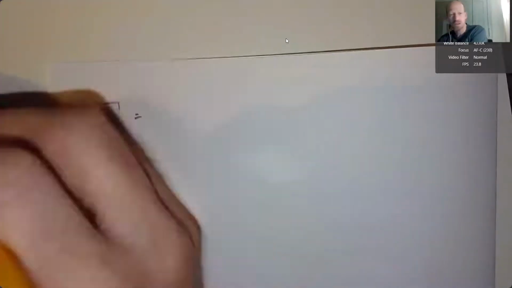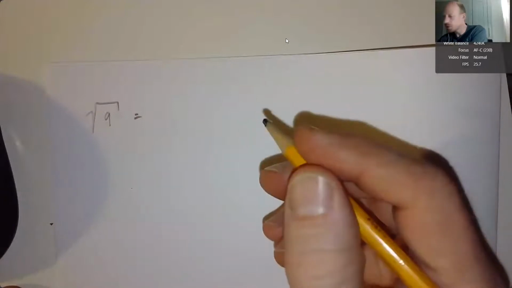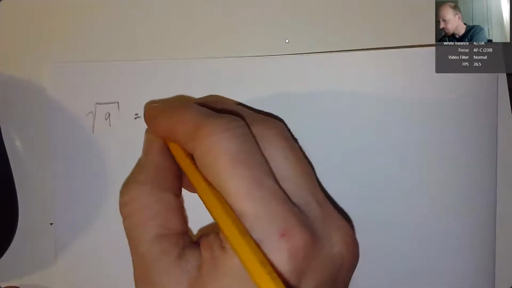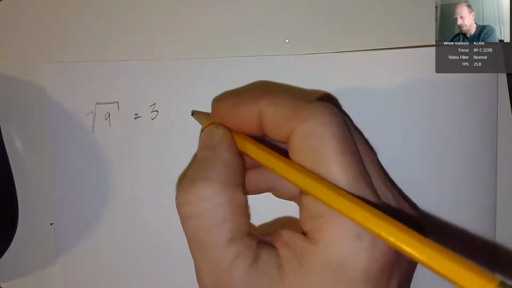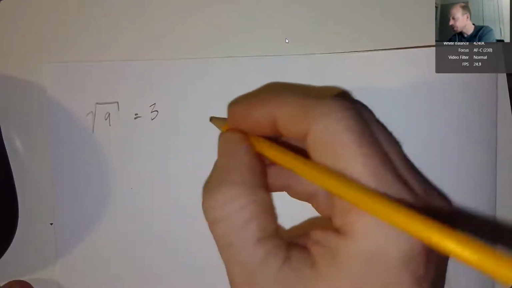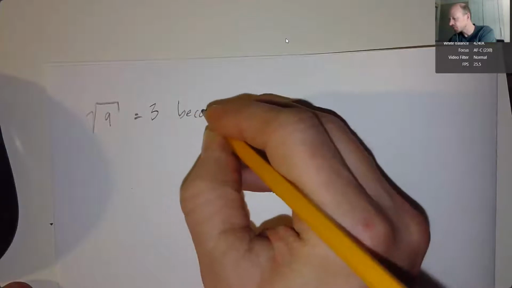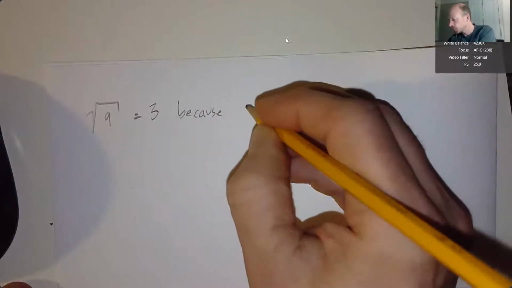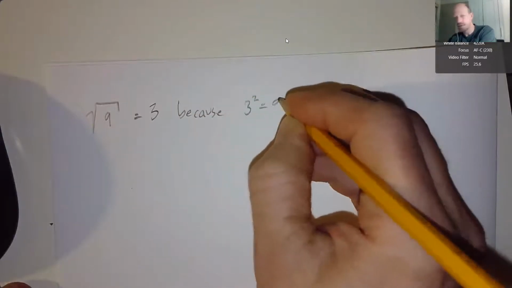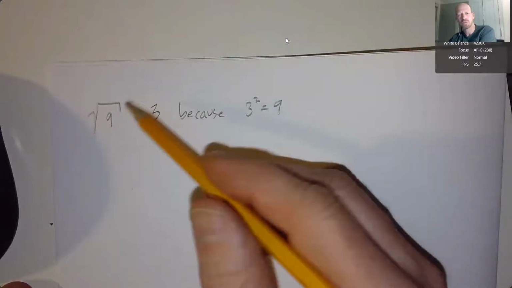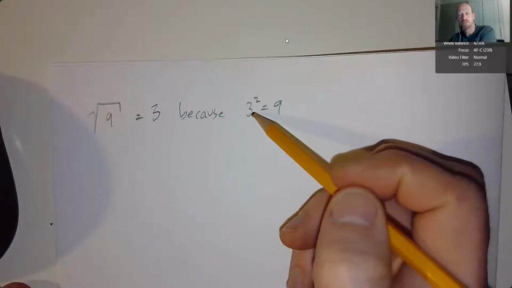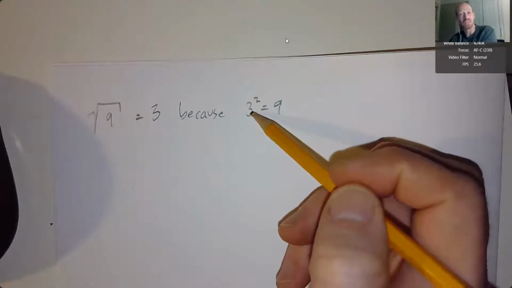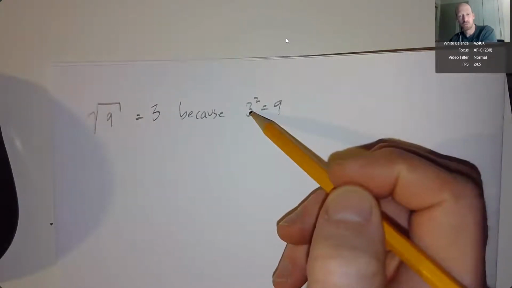So in the beginning, just remember this: the square root of 9 is 3, and many of us just know that, right? The square root of 9 is 3, but there's a reason there. It's because 3 squared is equal to 9, right? So when we think about square roots, we're really thinking of them as the opposite or the inverse of squaring.